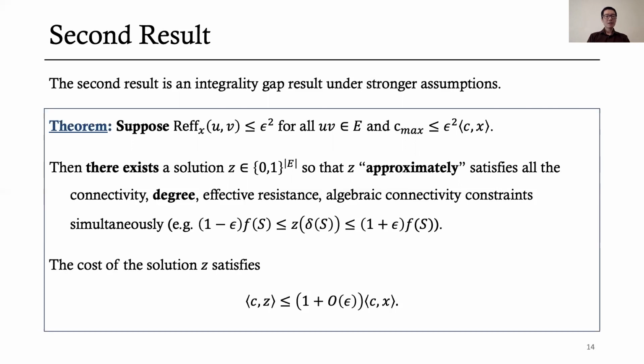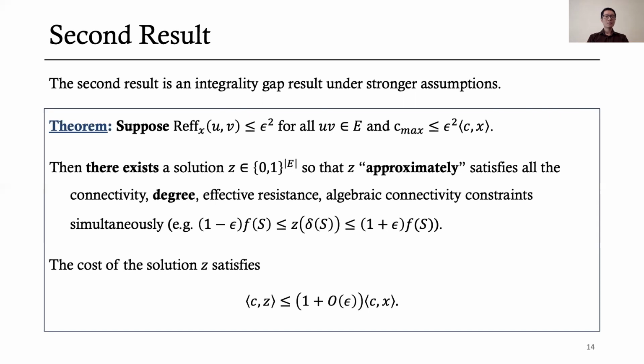So the advantage of this result is that we have a much stronger guarantee on the cost. We can get rid of the additive error term. And also we can deal with the degree constraints with this result. But there are several drawbacks of this result. The first one, we can only approximately satisfy the constraints.